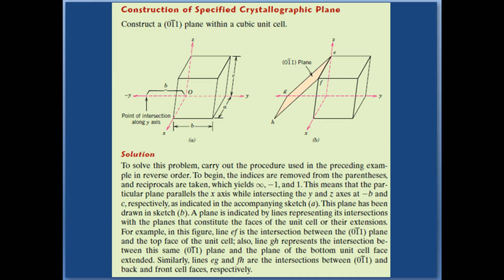Similarly, lines EG and FH are the intersections between 0, 1 bar, 1 and back and front cell faces respectively. This is the solution for the given problem, and the problem is we are supposed to construct a plane for the given indices.